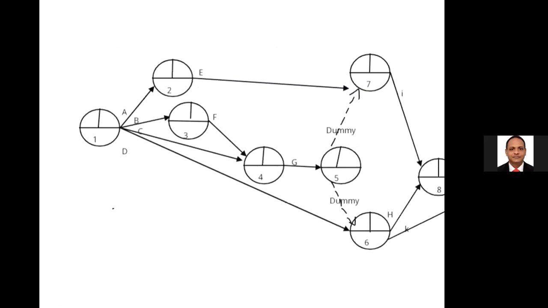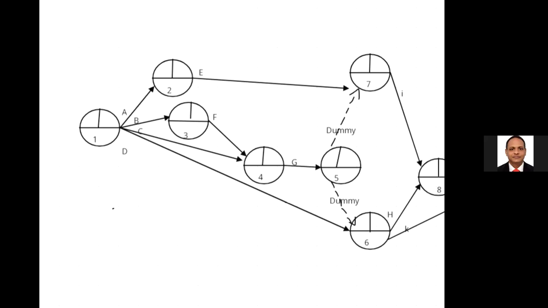One of the questions asks, why can't we finish E at the same event number 5? When you complete G and E both, how can you draw H? Because for H, we should complete D and G. If we take E straight to the 5th event, it gives the wrong interpretation for H. That's the reason.